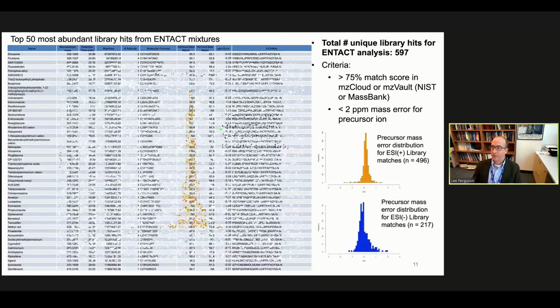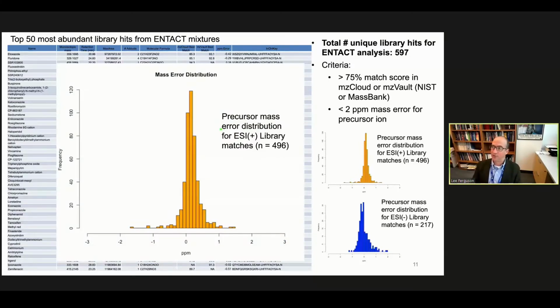If we take a look at the distribution of mass measurement errors for our library matches, we can see that this really highlights the high performance of these technologies in terms of being able to measure mass very, very accurately. So this really confirms and lets us evaluate in real time in our data sets what our achieved mass accuracies for these compound identifications are. And this was both in positive and negative ion mode for these compounds.